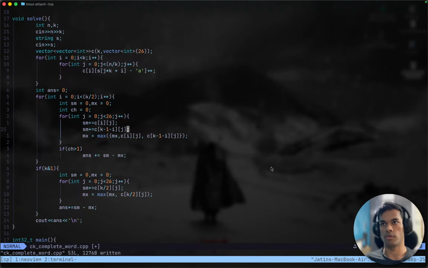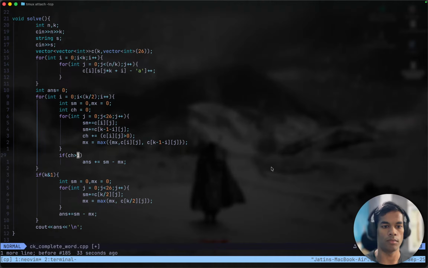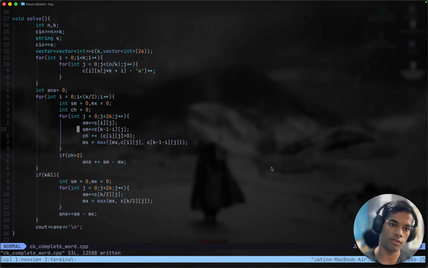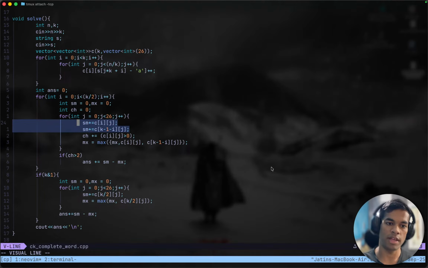Others have to be non-zero. So in a perfect world, everything is the same and we will have this CH equal to 2. Will we have this CH equal to 2? I don't want to experimentally check this out, but I want to predict if CH should be 2.